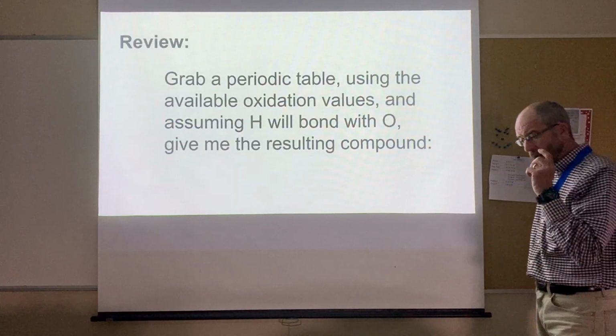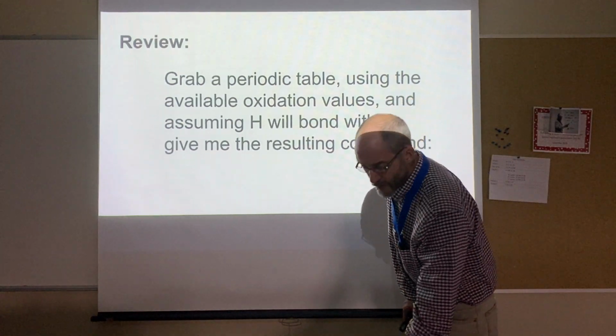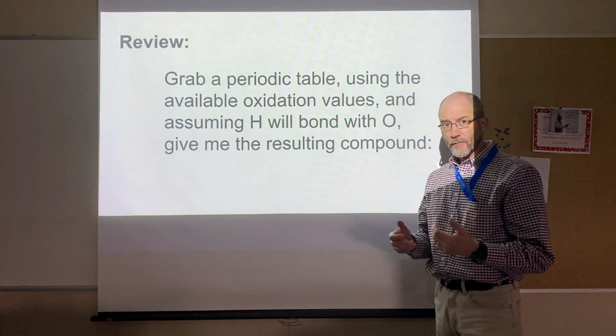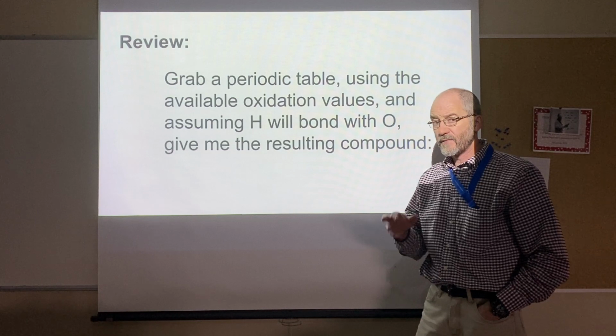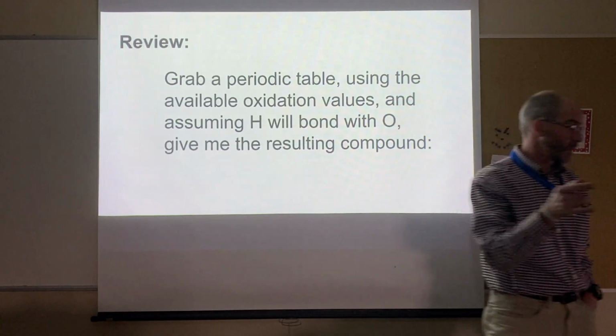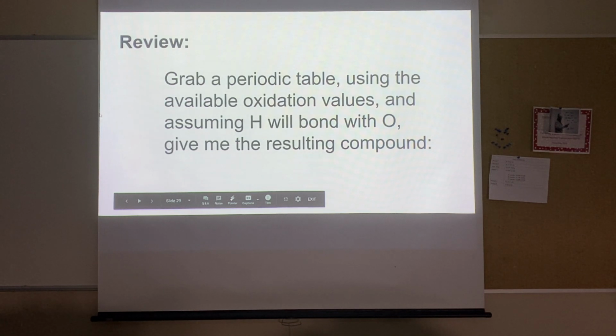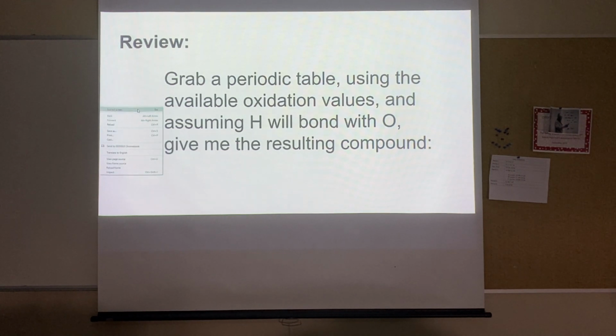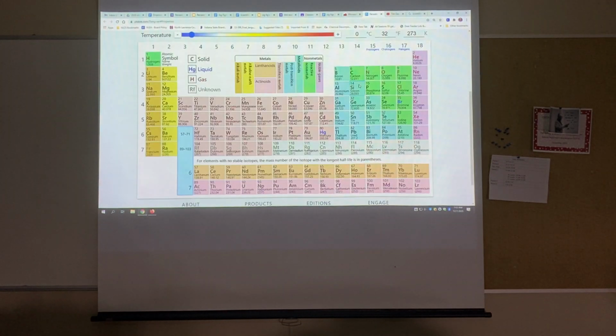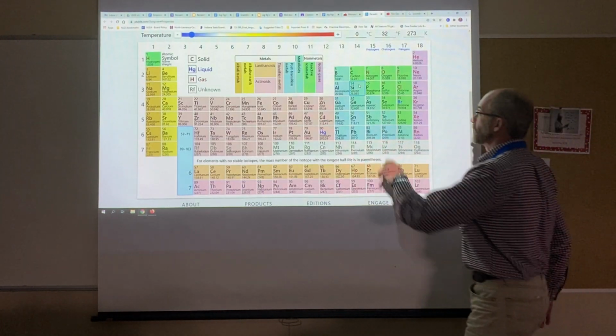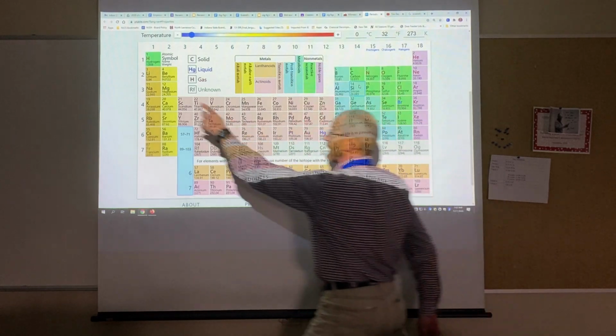All right, so I want to throw something at you today because I want to make a couple of different points very quickly. So if I told you to grab your periodic table, and very quickly you take a look at it and I tell you that I want you to tell me what would happen between oxygen and hydrogen.